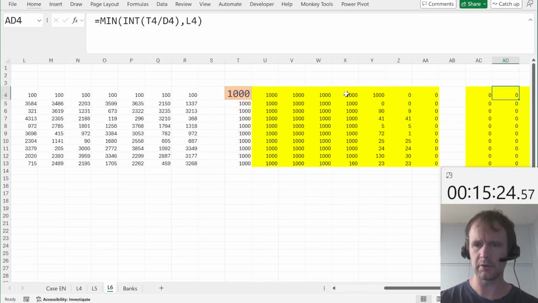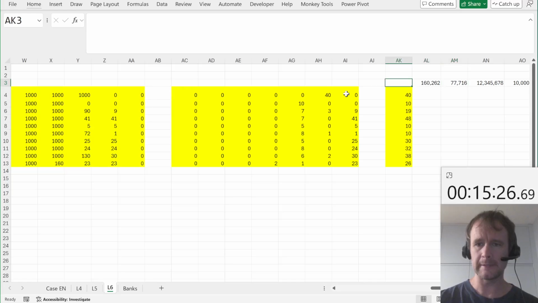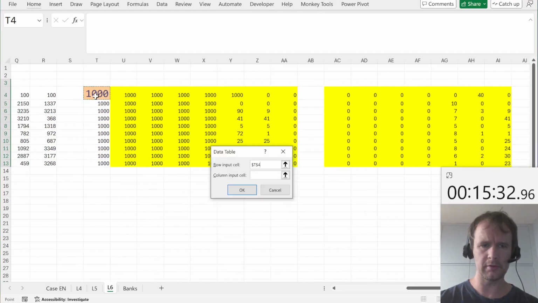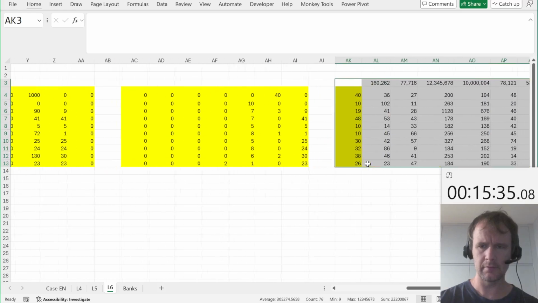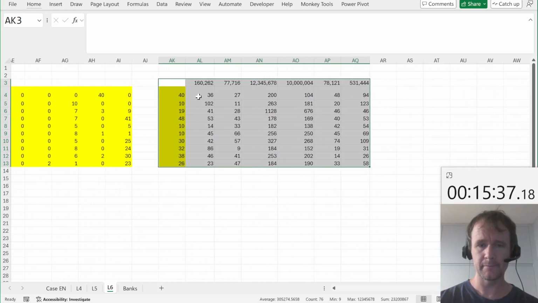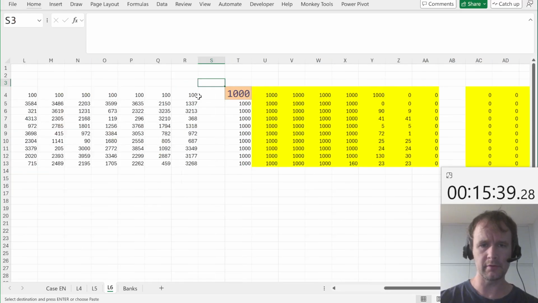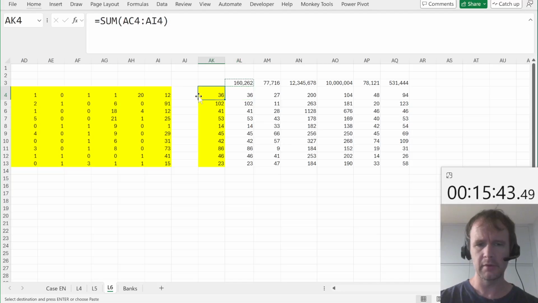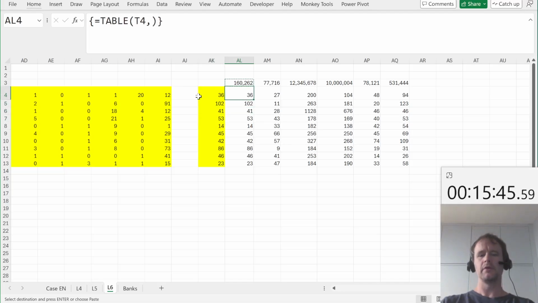Okay, didn't mean to make a German, but never mind. Then I want to say that my row input is going to be this. So for instance, just to double check I'm doing it right, because I don't usually do data tables that way around. Yes, 36. Okay.